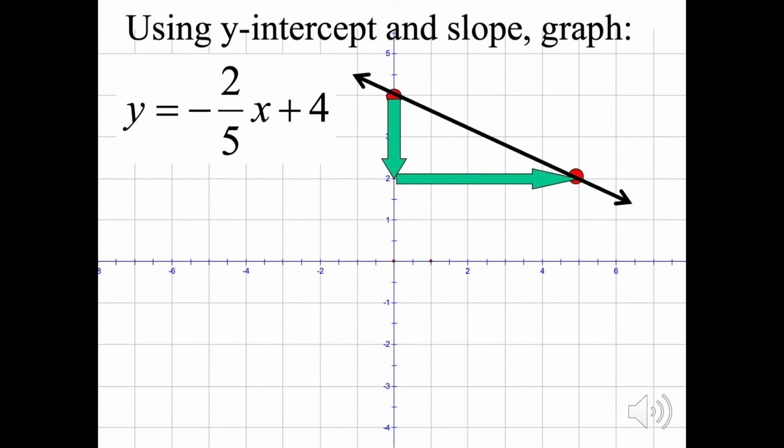Here's another example. y equals negative 2/5x plus 4. Firstly, we have to plot 1 point on our y-intercept, which is 4. Then, we have to identify our rise over run. In this case, our rise is negative 2 and our run is 5. So, instead of going up by 2, you go down by 2 and across by 5, and you find your second point.